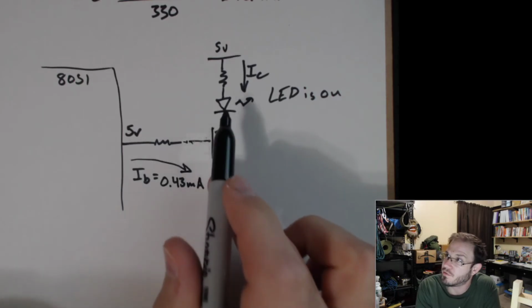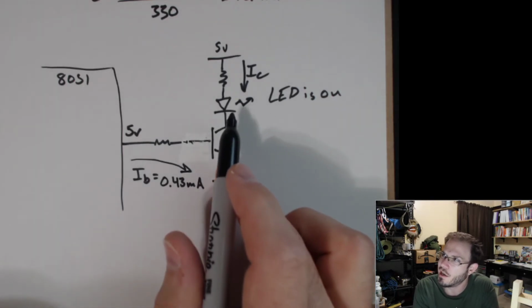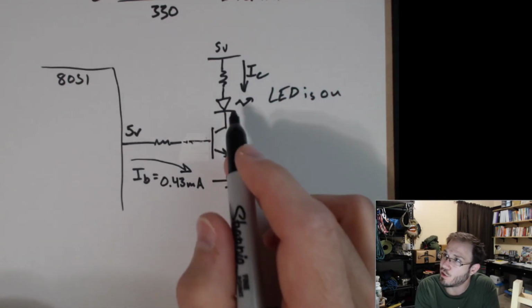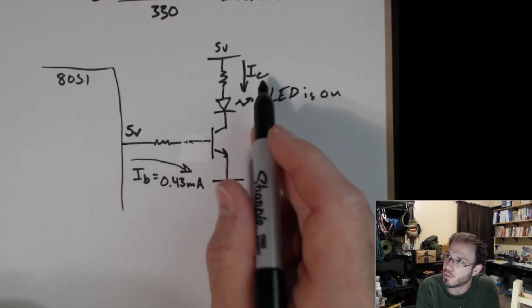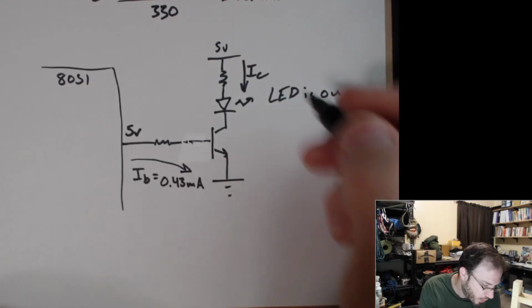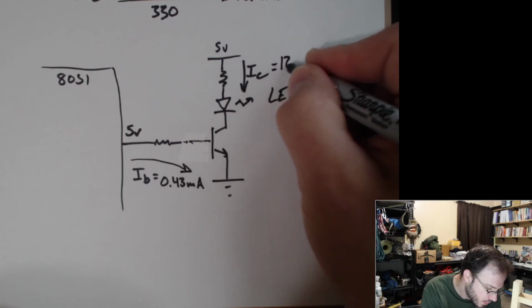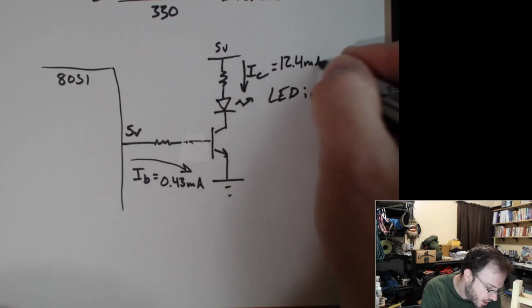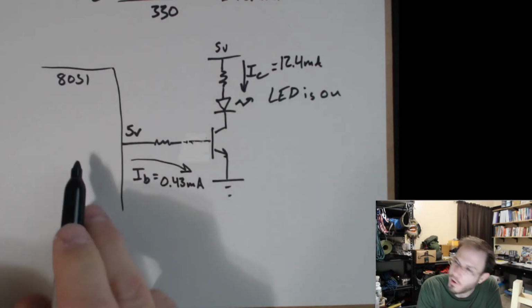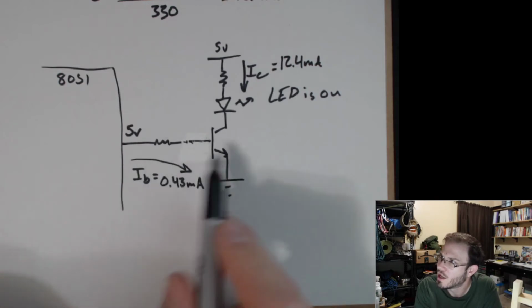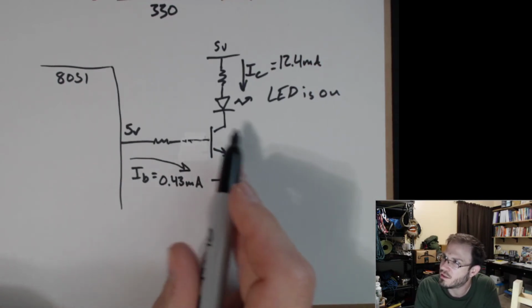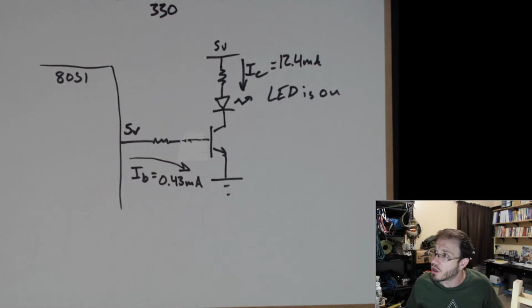So for the case of turning this LED on, none of the current that's actually being used to turn on this LED, which we found to be 12.4 milliamps, came from the microcontroller. So we're using this transistor as a driver circuit for turning our LED on and off.